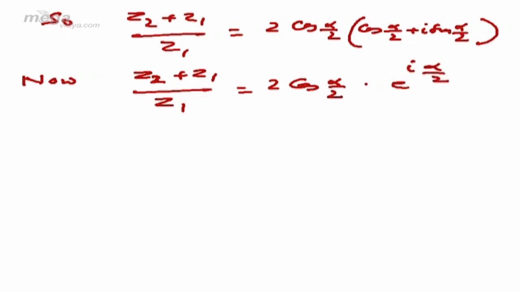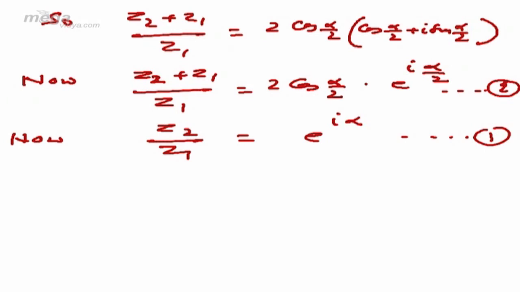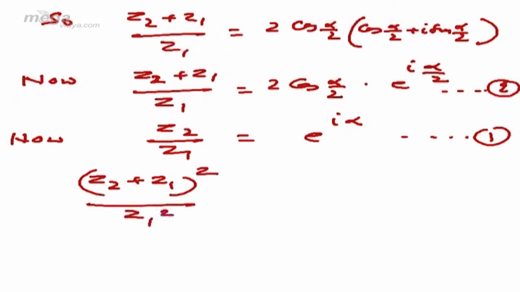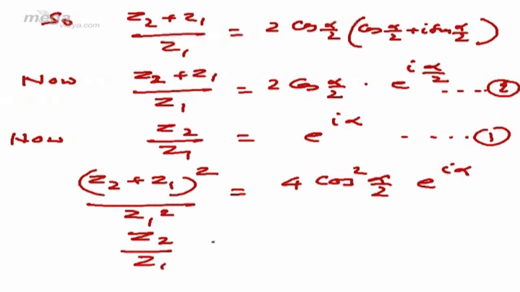Now the first equation is Z2 by Z1 is equal to e to the power i alpha. If we square equation 2, then it will become (Z2 plus Z1) whole square divided by Z1 square is equal to 4 cos square alpha by 2 e to the power i alpha. And the first equation remains the same, e to the power i alpha.